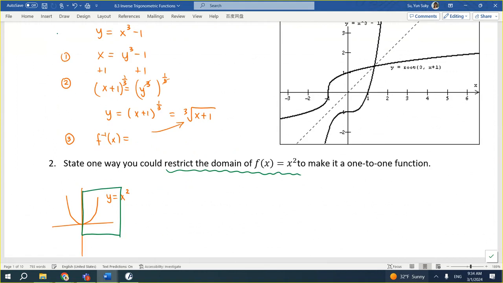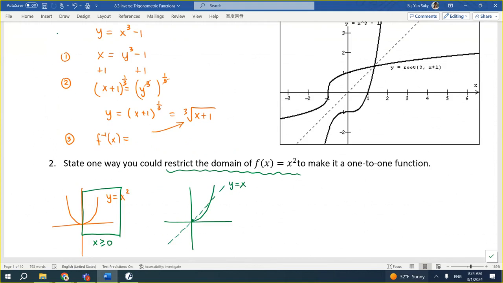Do you see now our domain is x greater than or equal to 0? Now this piece is 1 to 1, right? So this piece is like that, and it's 1 to 1. And so we can find the inverse function now.